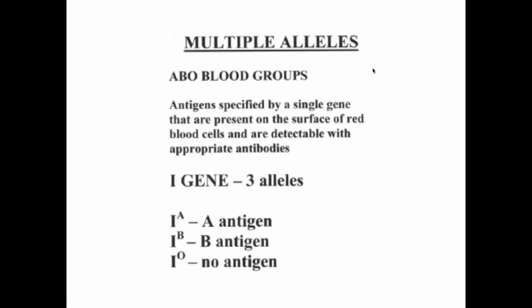It's the same idea: there's a gene, the I gene, within the human genome that produces an antigen on the surface of red blood cells that is then detectable through an antibody test that allows you to phenotype the blood type for a given individual. What's unique here relative to all previous examples that I've discussed is that for this I gene, there are three alleles.